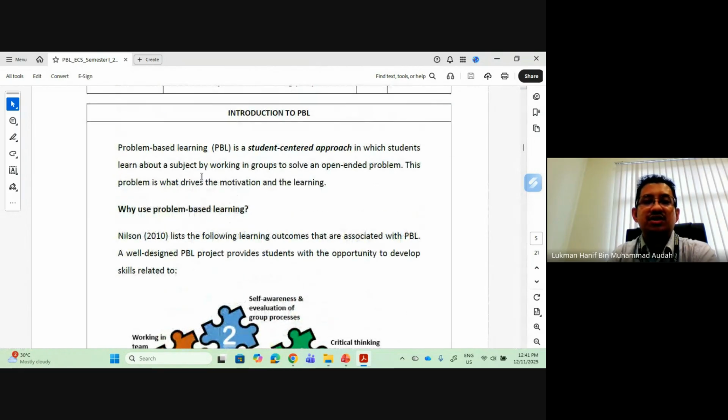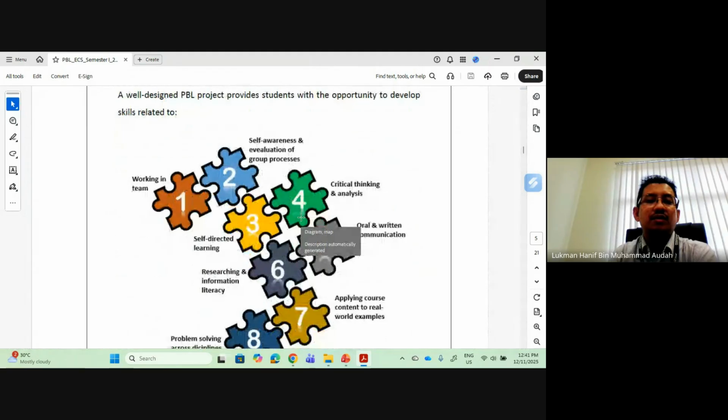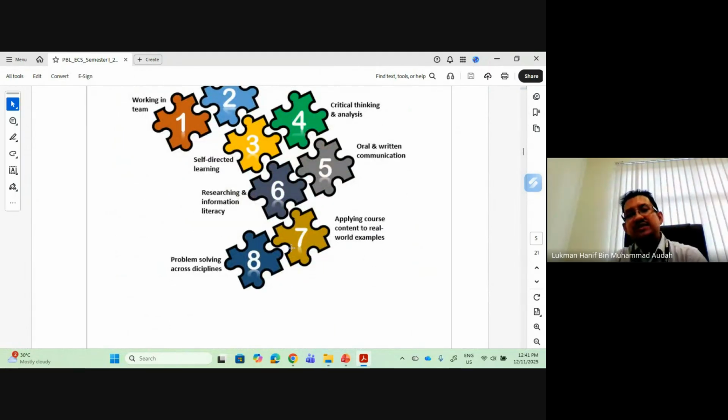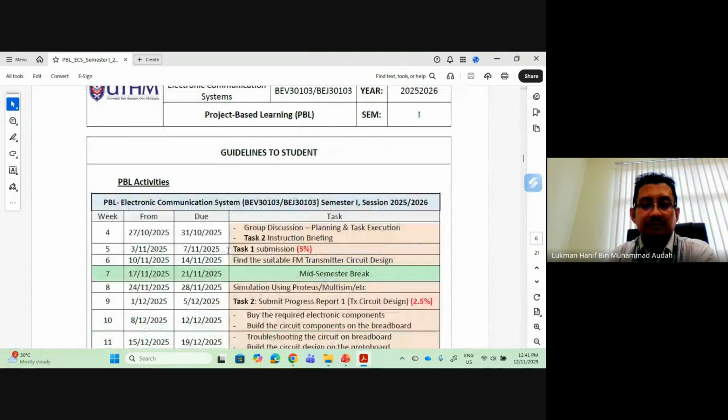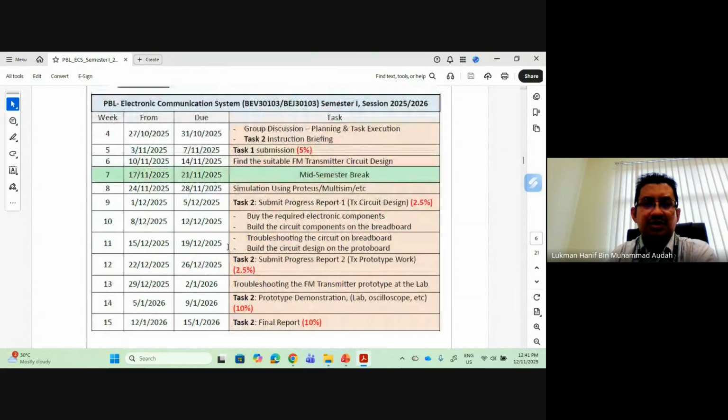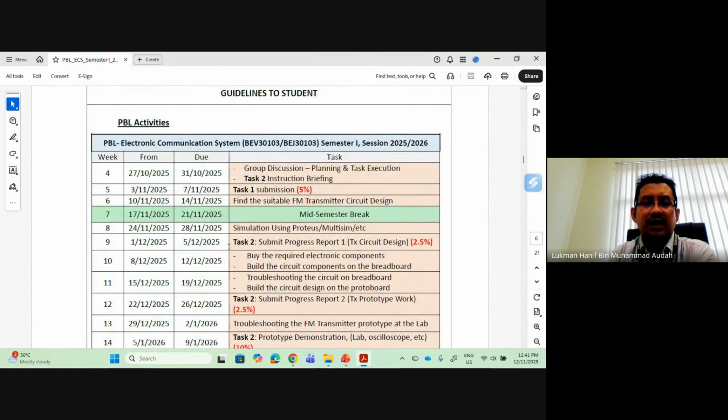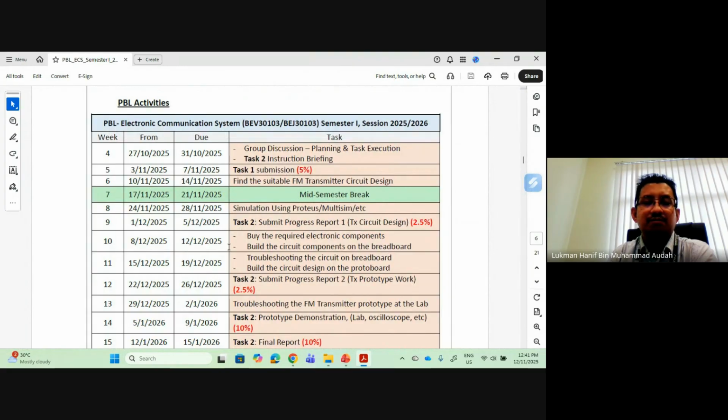This is a brief description of what PBL is. Problem-based learning is based on a given problem, then you have to find the solutions and produce the output.